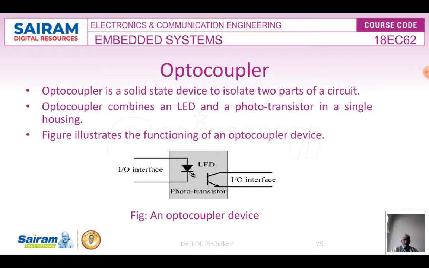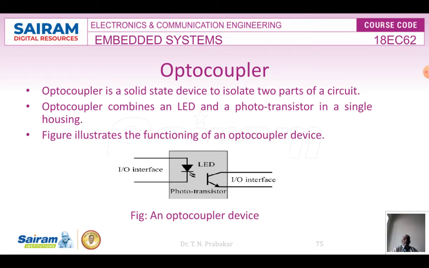If you pass data from left to right through a normal wire, there will be a physical connection between the two sides. But if you use an optocoupler, there is a physical separation, and they are connected only through an LED and a phototransistor. The data will be transmitted, but not physically, inside an optocoupler. That is the function of an optocoupler.